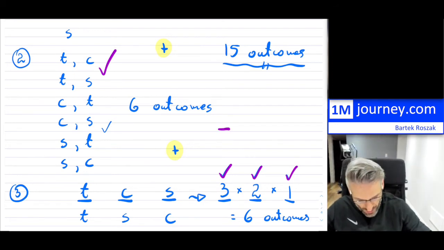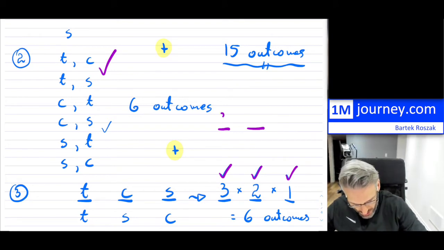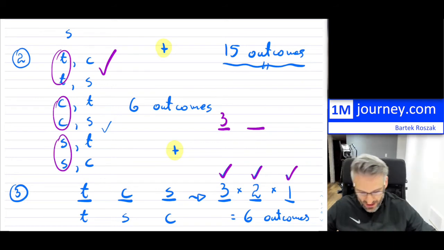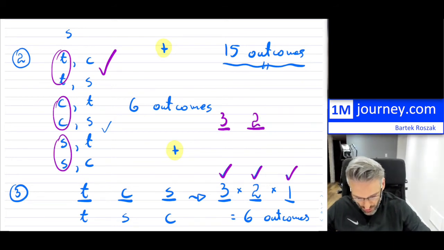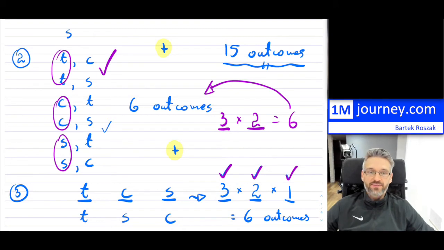So I had 3 choices for my first, 1, 2, 3, and then it would only leave me 2 choices for the second. If you multiply this, you would get your 6 outcomes like we have drawn them out on the left-hand side. But the additive principle is that you can add all of the outcomes together, like we did in this case.